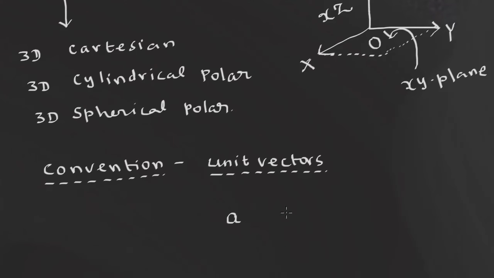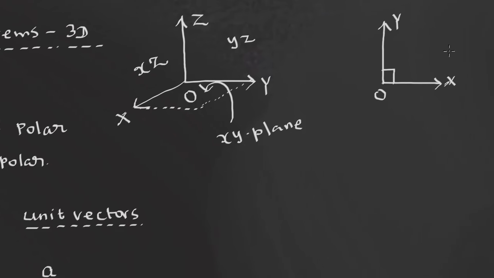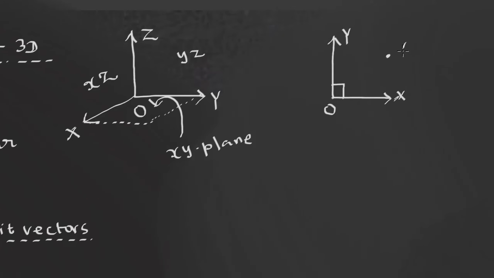In the case of the Cartesian, any point on the Cartesian system would be represented by x, y. Whereas in the three-dimensional situation, any point in three-dimensional space will be written by x, y, z.